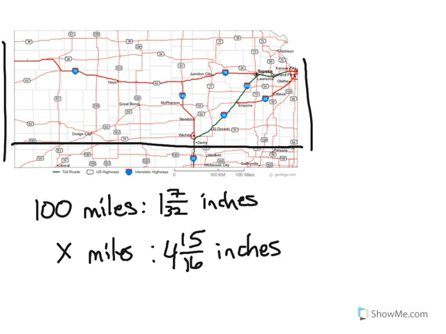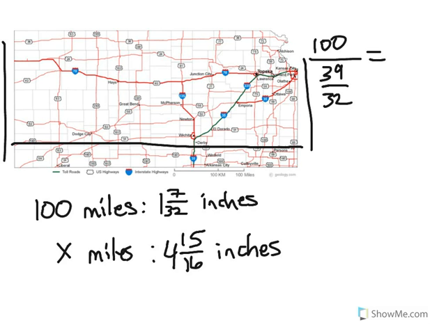So the proportion we're going to deal with here is 100 over 1 and 7/32. I'm going to go ahead and turn that into a fraction now, and that would be 39/32.